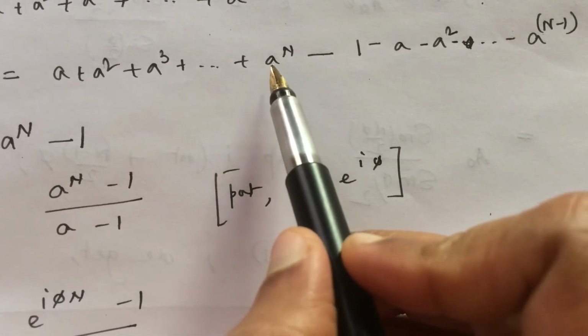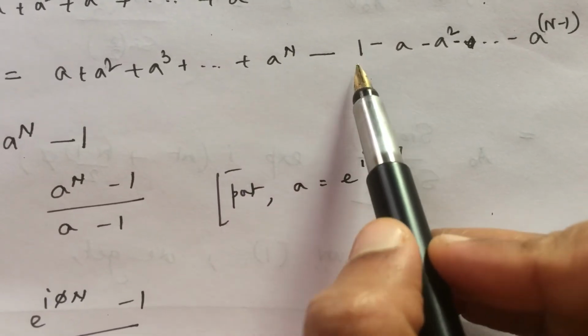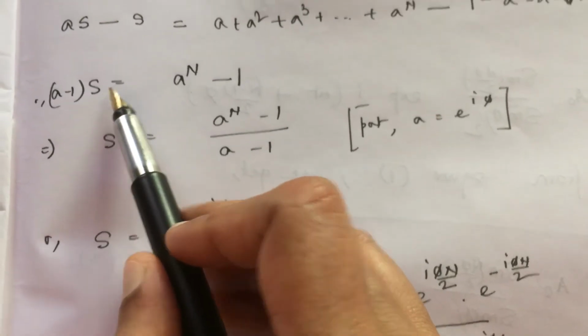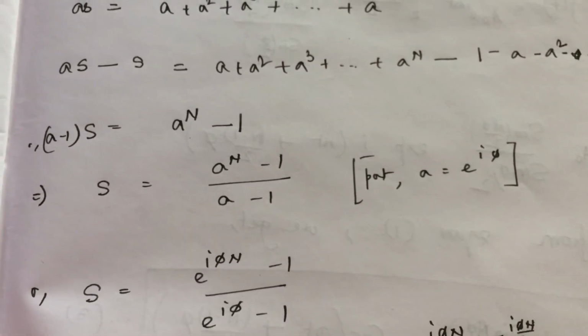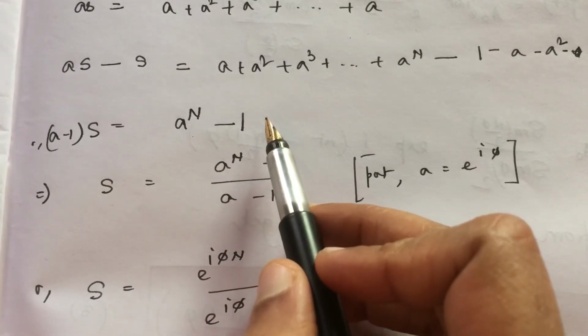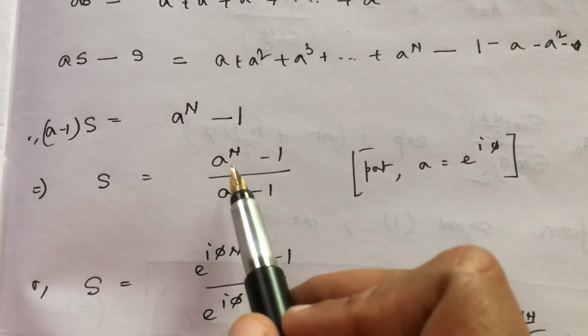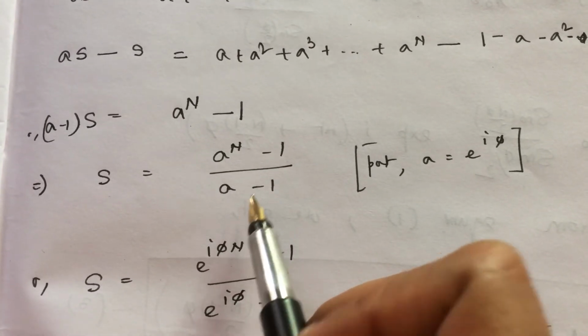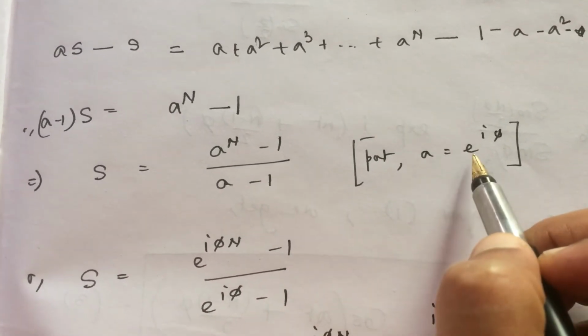So I am left with only a to the power n minus 1. So a minus 1 into s is actually a to the power n minus 1, and s equal to a to the power n minus 1 by a minus 1. Let me remind you, a equal to e to the power i phi.